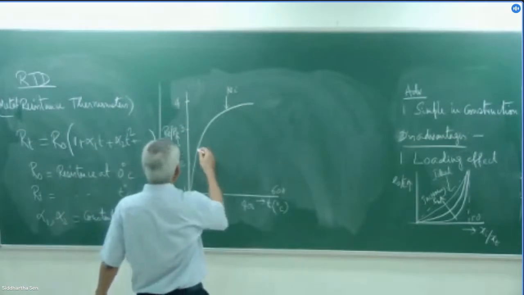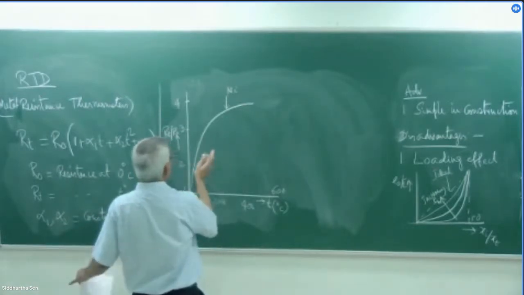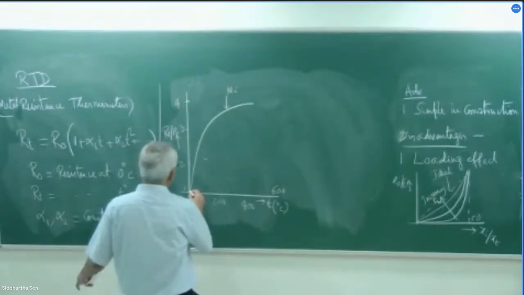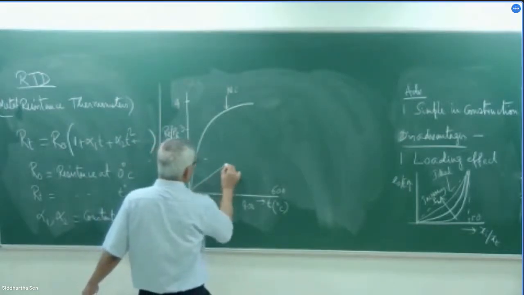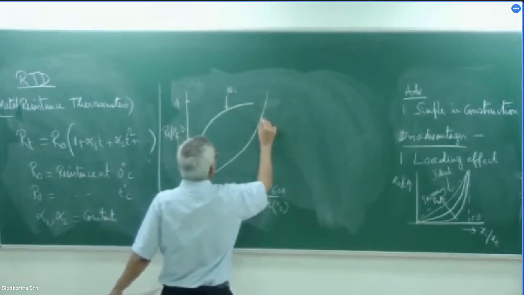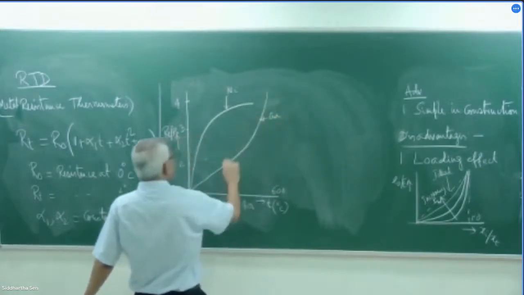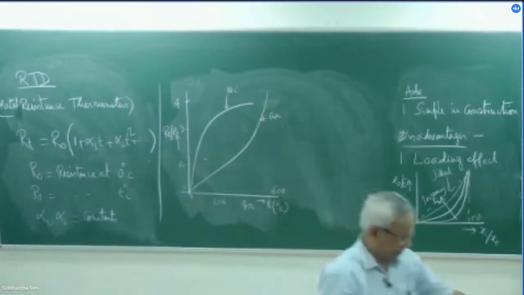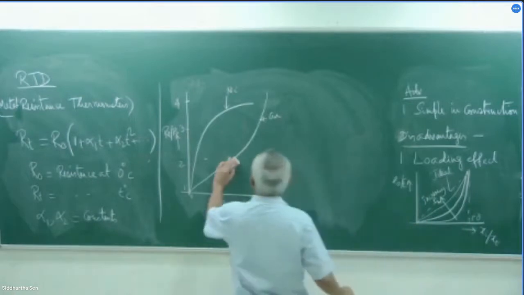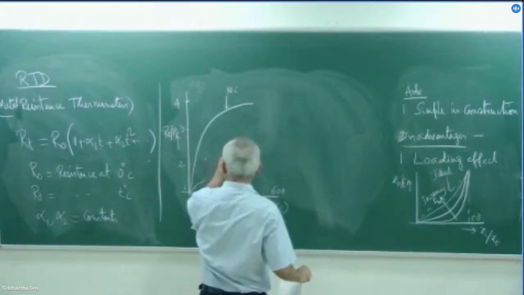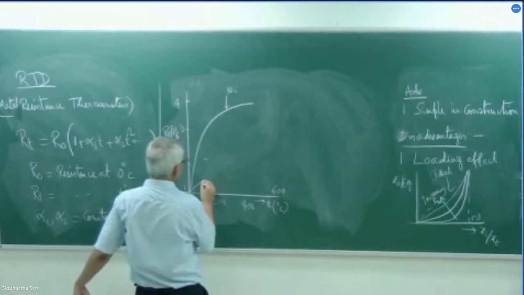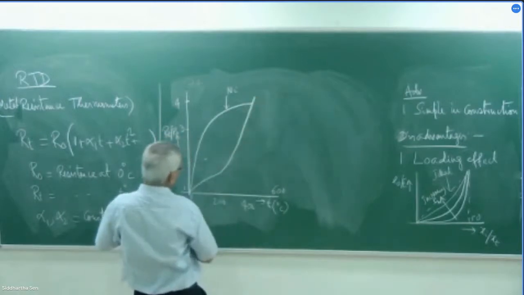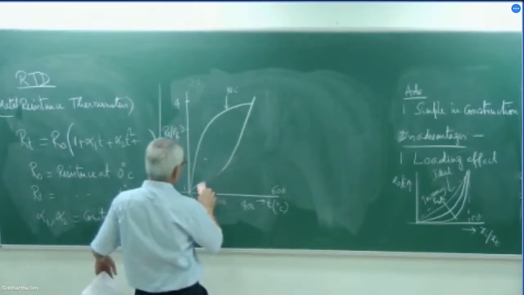So that is the point, that it is totally nonlinear, but it is highly sensitive. On the other hand, copper is linear up to about 250 degrees Celsius.